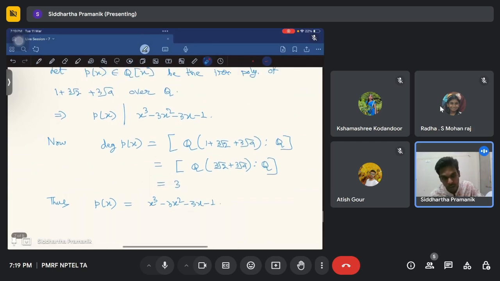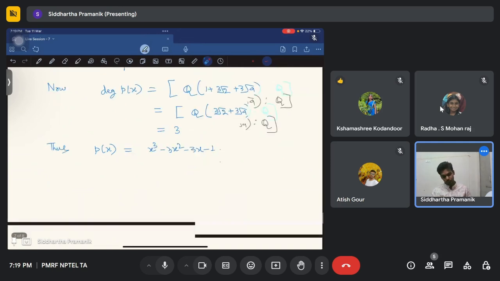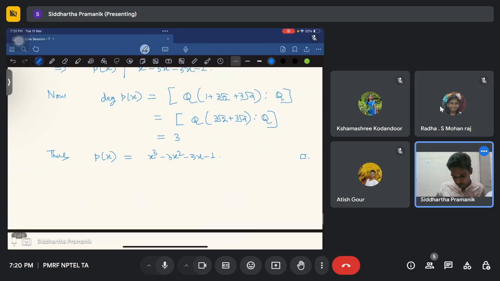Is it fine? Okay, so this completes the proof. This is a very indirect method, but it's useful.